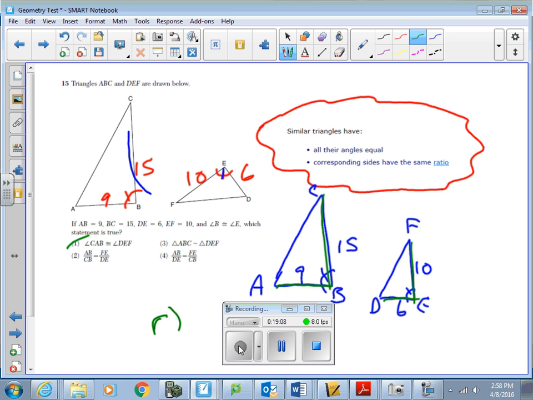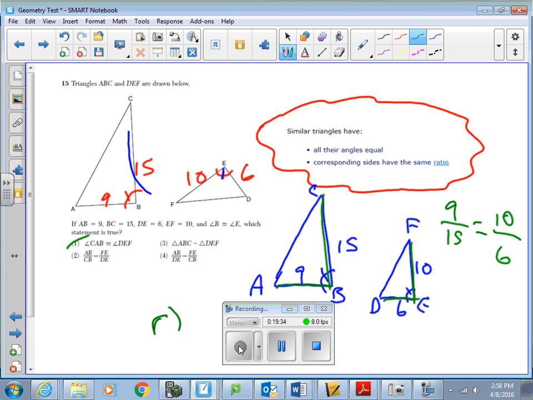Well, let's look at that. AB is 9 and CB is 15. Is that equal to FE, which is 10 over 6? Well, you can tell if that's true by just cross multiplying. So is 9/15 equal to 10/6?